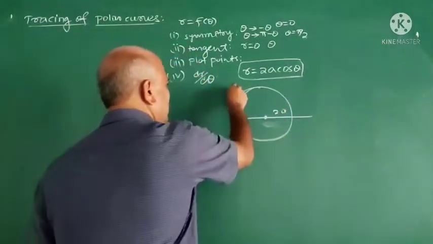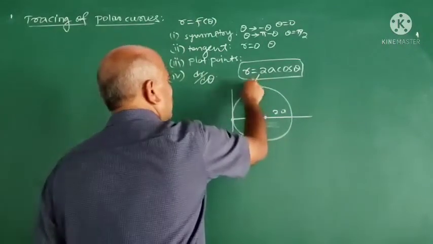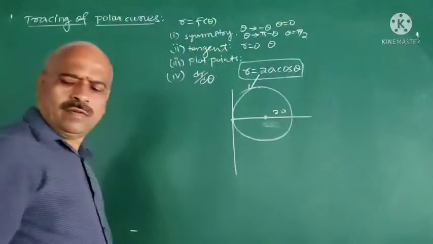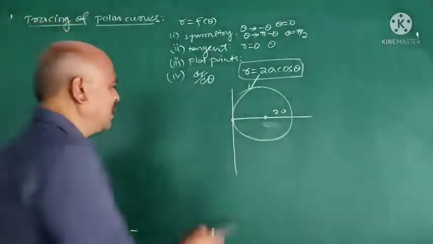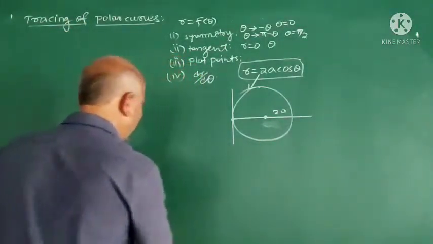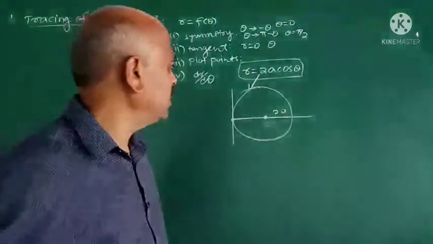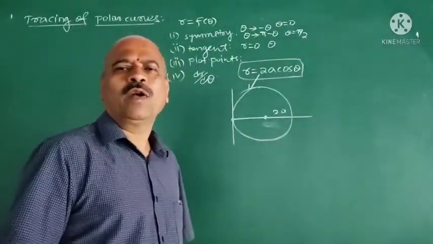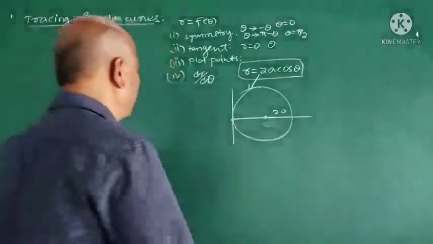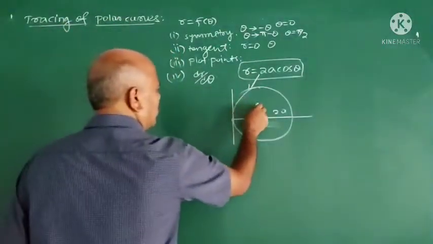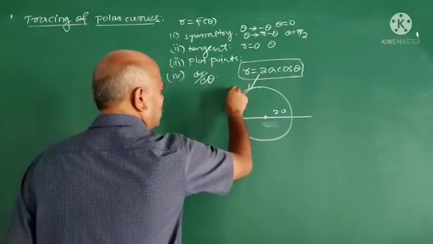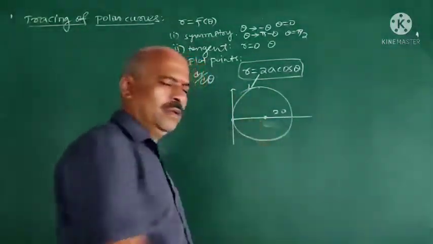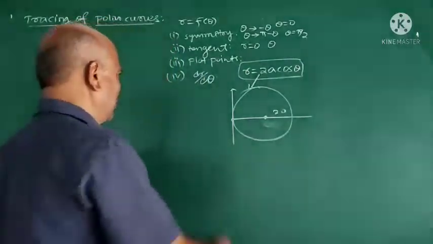While applying definite integrals, or in any applied branch of mathematics, you should know the shape of the curve. What is the graph of the curve? We may come across this curve R is 2a cos theta again in application of definite integrals.